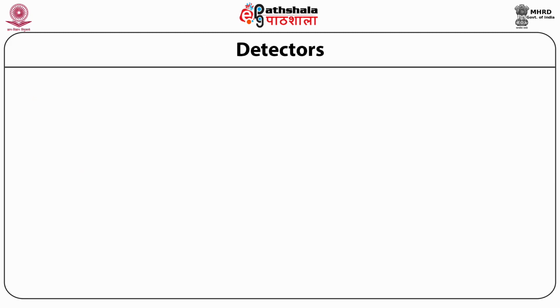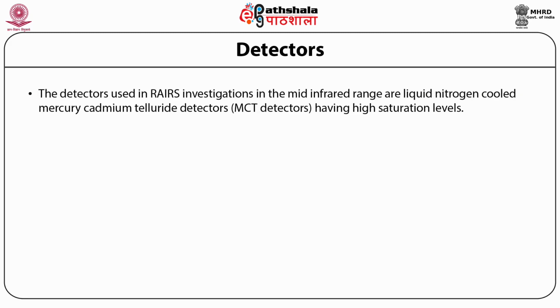Let's come to the detector, about the detectors. The detectors used in RAIRS investigations in the mid-infrared range are liquid nitrogen cooled mercury cadmium telluride detectors. They are known as MCT detectors.